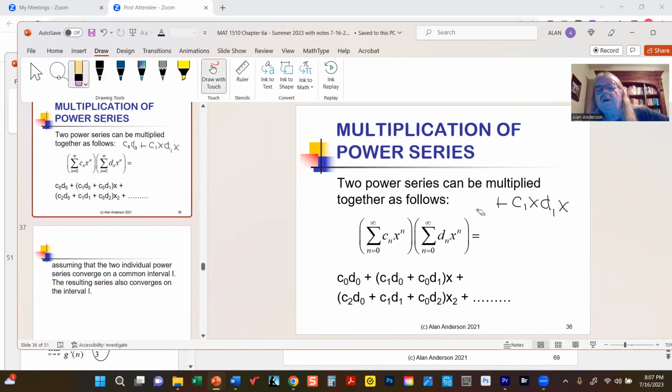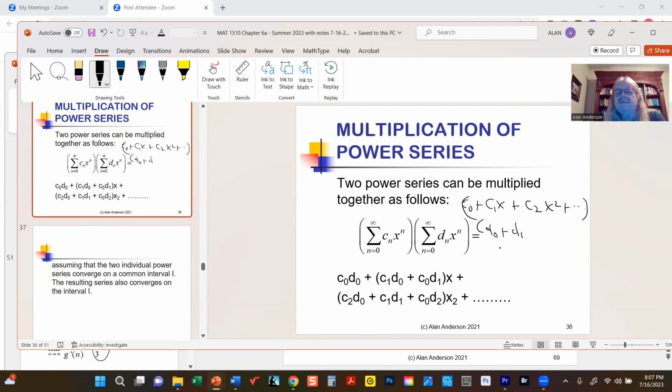No, this is not working. What we should do is this. Remember, these are the products of sums. So in other words, I'm not doing this correctly. It should be C0 plus C1x plus C2x squared plus dot dot dot, all of it multiplied by D0 plus D1x plus D2x squared plus.